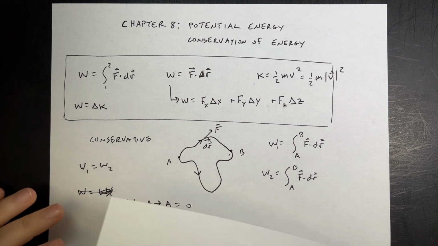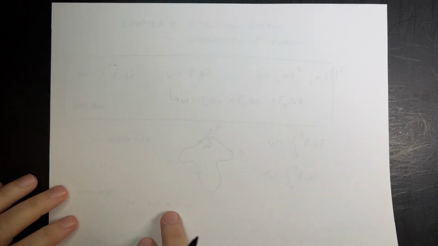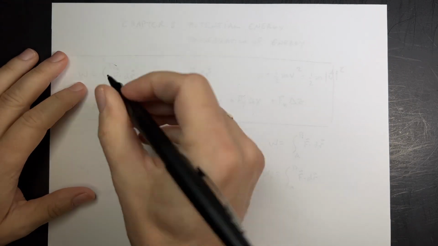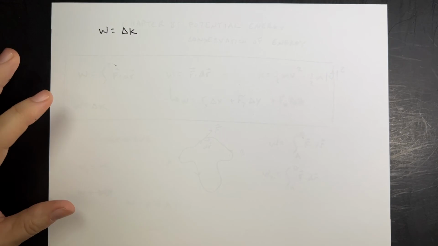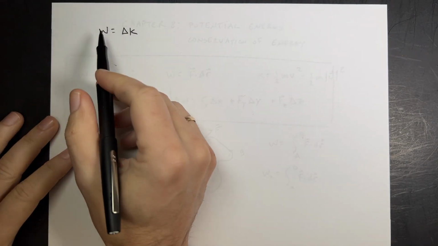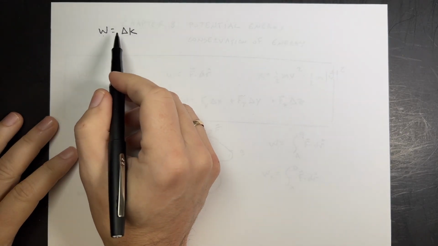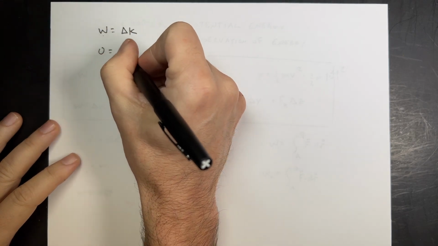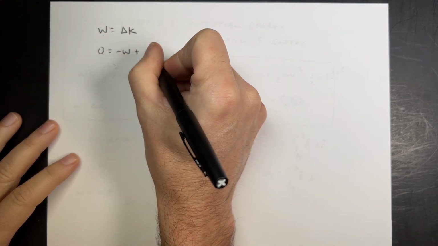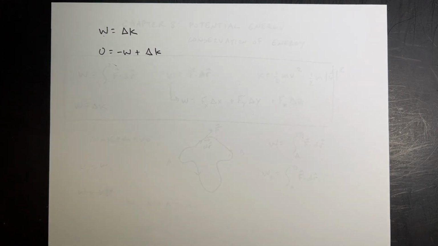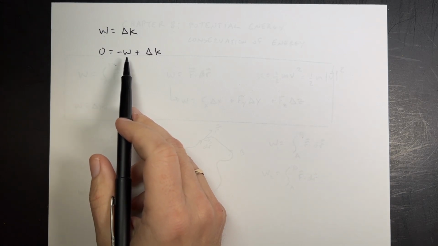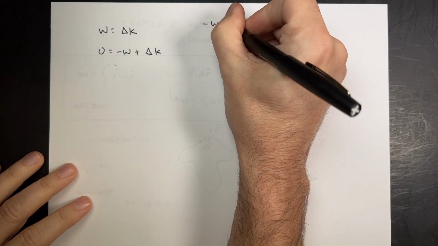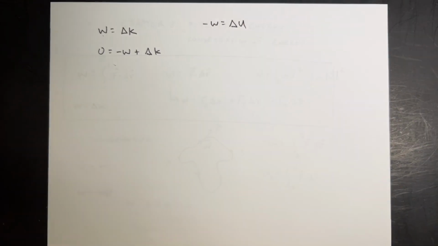Okay, so now let's think about work. So remember that work is the change in kinetic energy. That's all we saw so far. But imagine that I want to move this to the other side. So I have 0 equals negative work plus delta K. Now, if this does not depend on the path, I can actually write this as negative work is the change in potential energy.